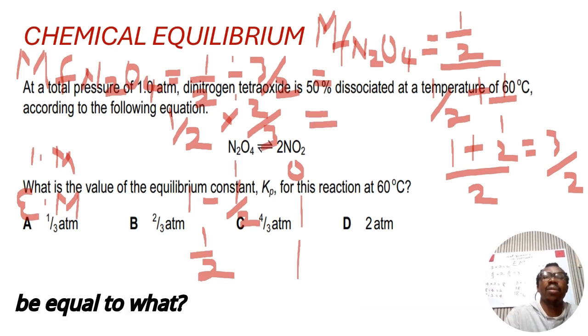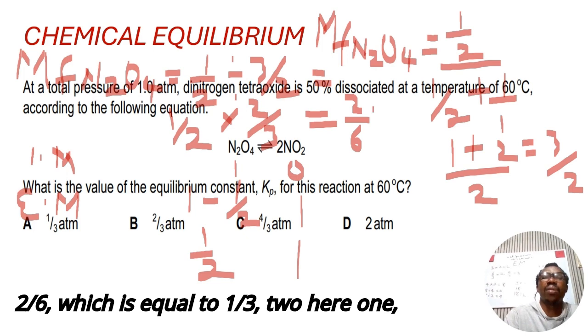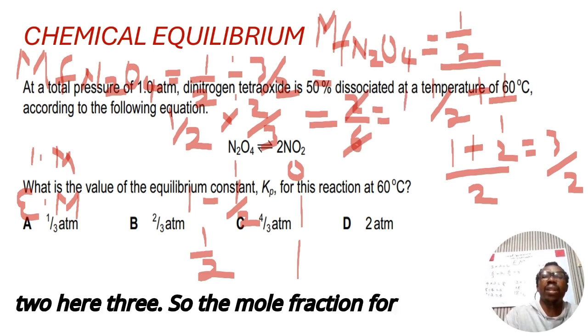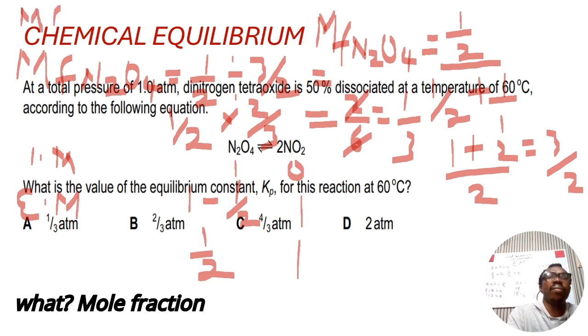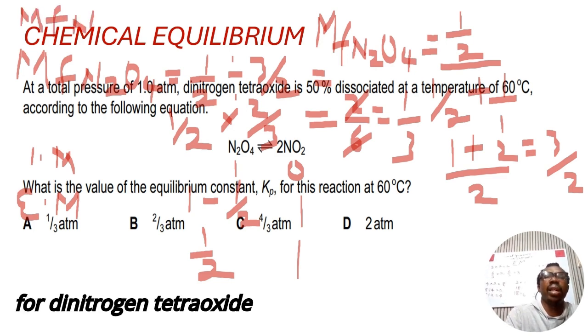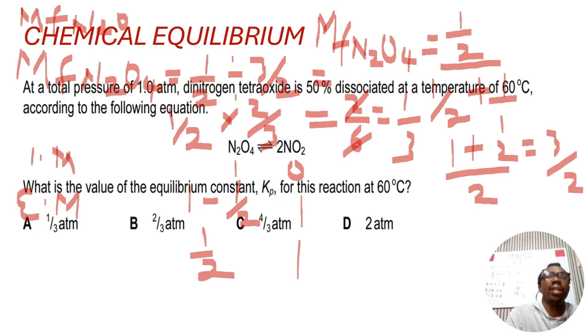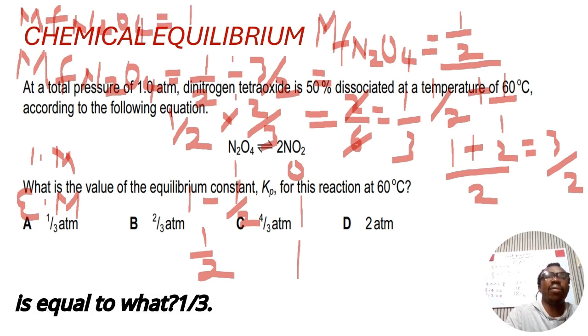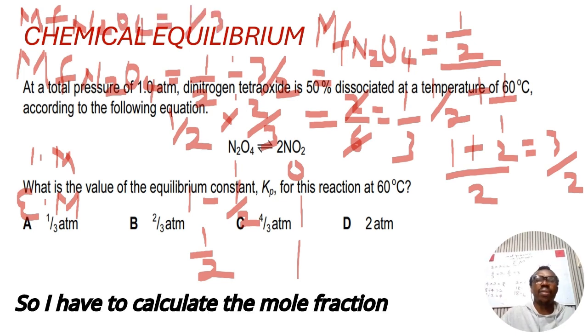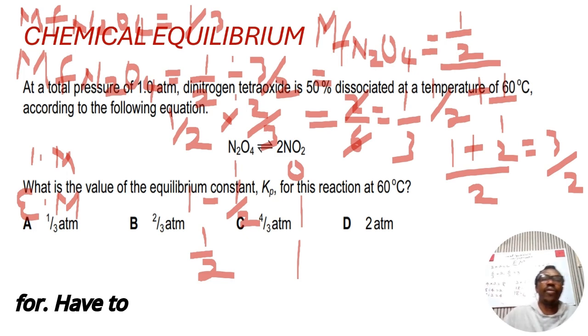So it will now be equal to what? 2 times 1, 2. 2 times 3, 6. 2 over 6, which is equal to 1 over 3. So the mole fraction for dinitrogen tetroxide is equal to 1 over 3.